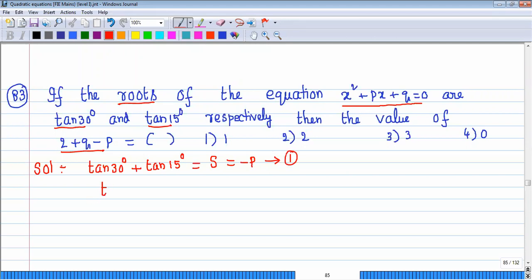Product of the roots, tan 30 into tan 15, equals the product of the roots, capital P, that is q. P stands for product, S stands for sum.